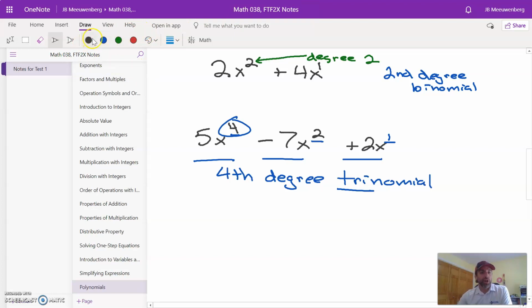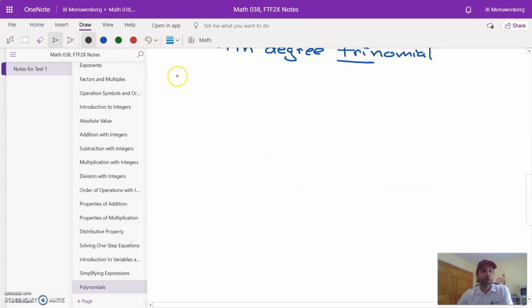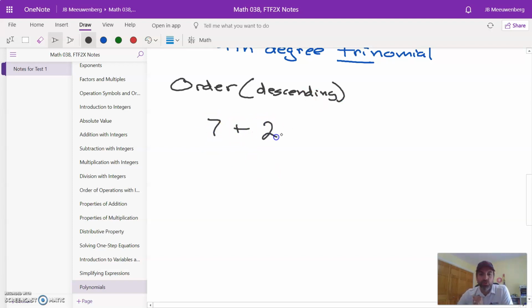And then the last thing we're going to talk about for now with polynomials is order. Specifically, descending order. So, I'm going to give you a trinomial. 7 plus 2x squared plus 4x. You'd agree that's a trinomial, right? We have three terms.